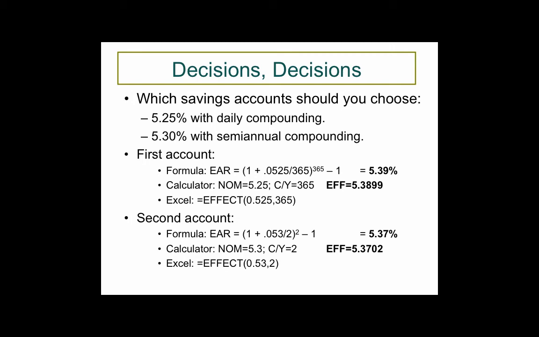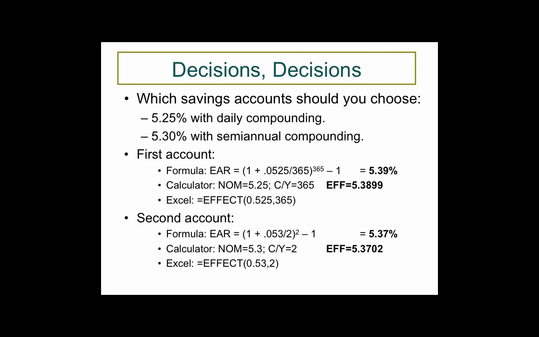If you put these values into your calculator, for example, hit second 2 and go to NOM, and let's put in 5.25, hit enter, down arrow, go past EFF, go to C divided by Y, so you're going to hit the down arrow twice, and let's change that to 365, hit enter, and then go back using the up arrow and hit compute for EFF, and you should get 5.39.